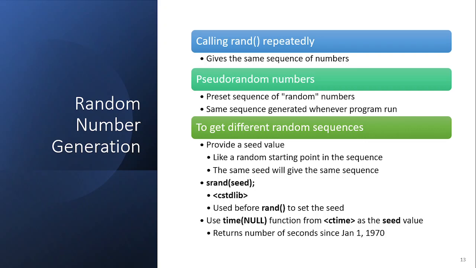The important thing is कि हमने we have been able to generate a different random sequence each time our program is run, and the way we have been able to do it, random number को generate करने के लिए you call the random function repeatedly, but in order to get a different random sequence each time your program executes, you need to change the seed of the random number generator before calling the rand function. उसको कॉल करने से पहले आपने उसकी सीड को चेंज करना है, and usually you do it once during your program.